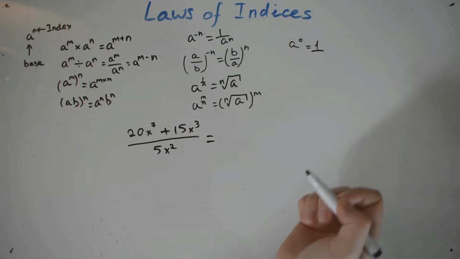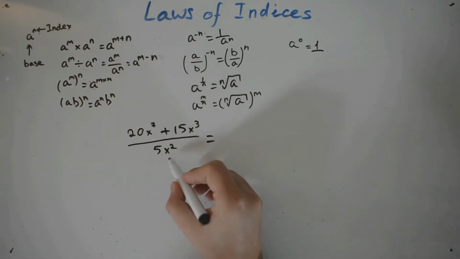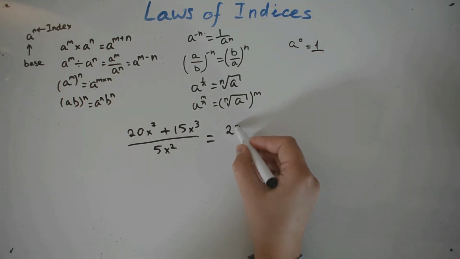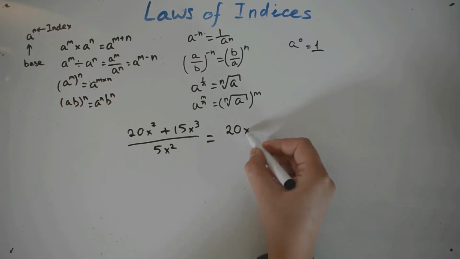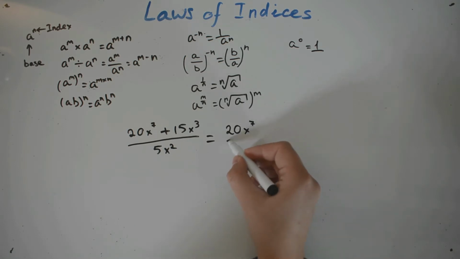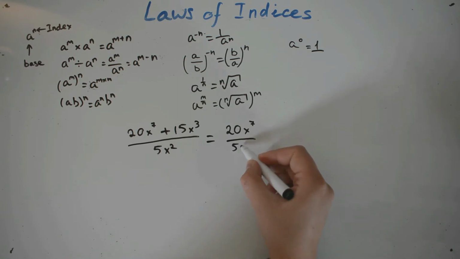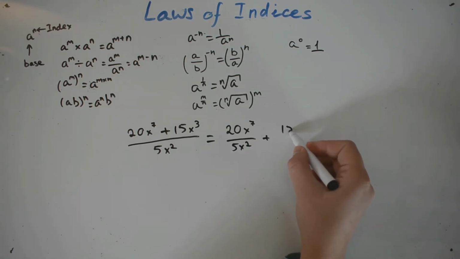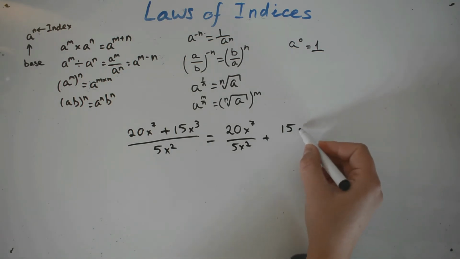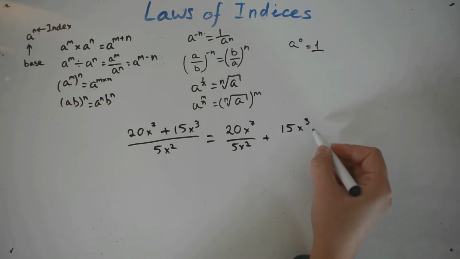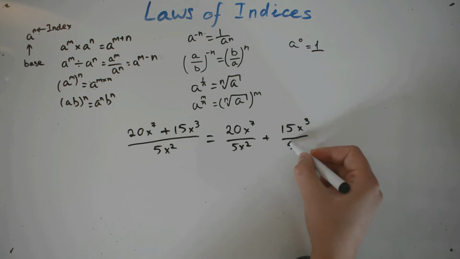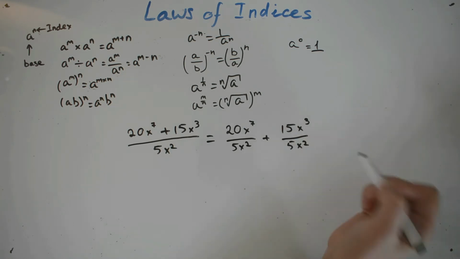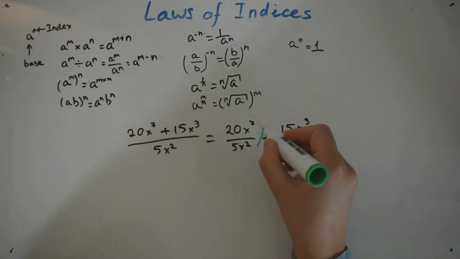I'm going to split it into 2 parts because there is 1 denominator, so I'm going to get 20x to the power of 7 over 5x squared plus a separate fraction, 15x cubed over 5x squared. And now we're going to look at each fraction separately.